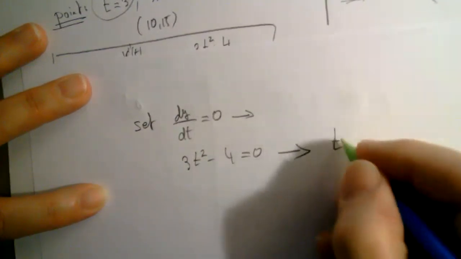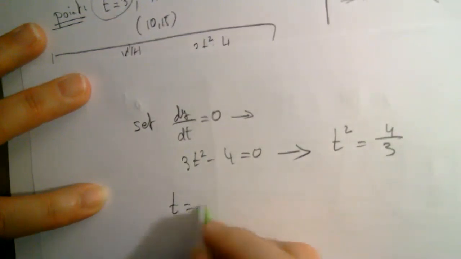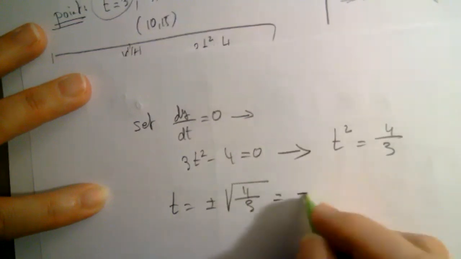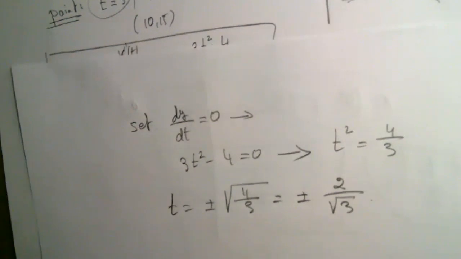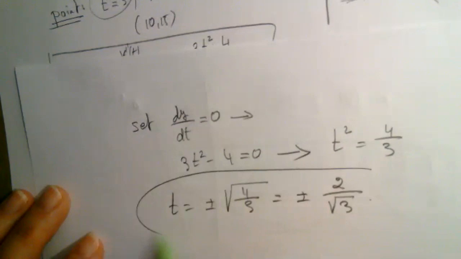We solve for t. T squared is 4/3, so t is plus or minus the square root of 4/3, which means plus or minus 2 over the square root of 3. So the tangent line is horizontal for those values of t.